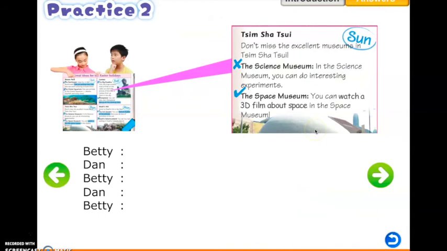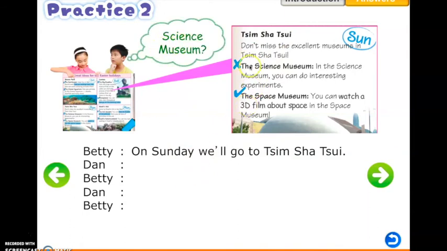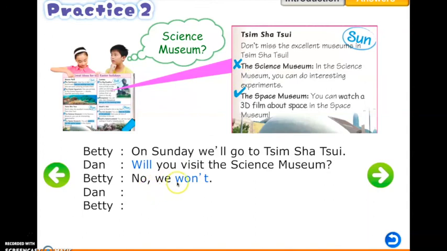Okay? Next, let's look at Sunday. Betty will say, on Sunday, we'll go to Tsim Sha Tsui. Dan will say, Science Museum. So how can he ask the question? Will you visit the Science Museum? Okay, what will she say? Oh, cross. No, we won't. So Dan will ask, Space Museum?